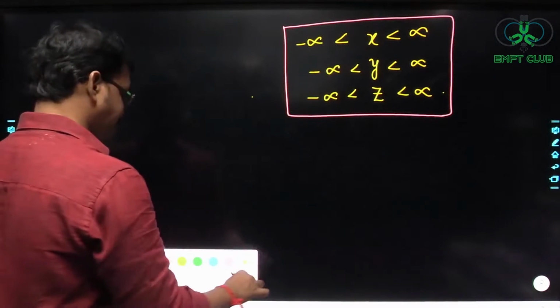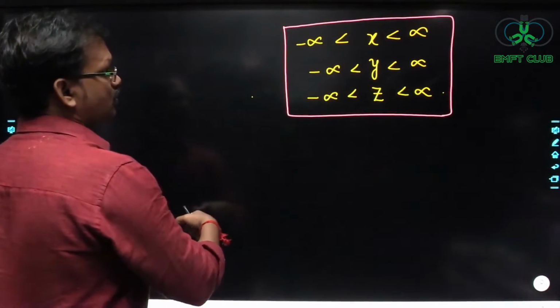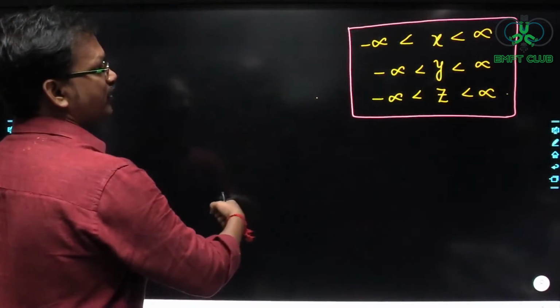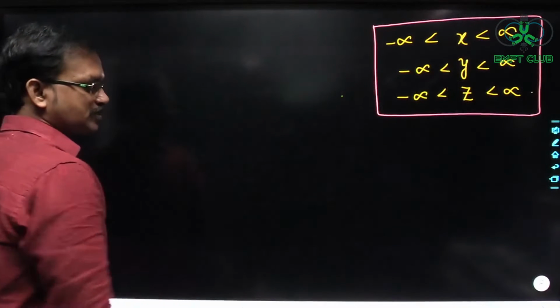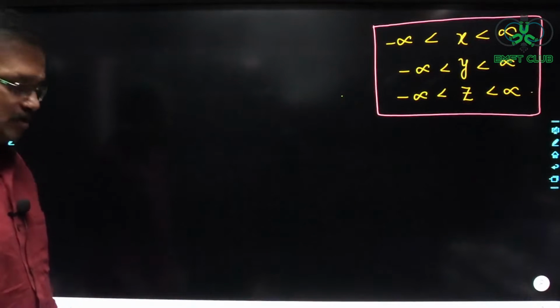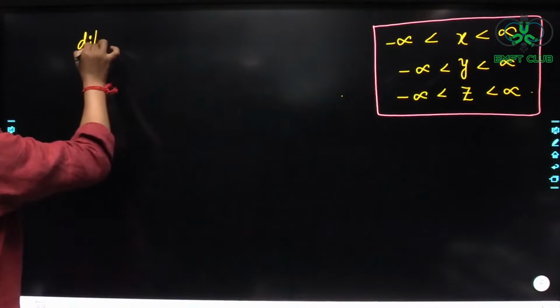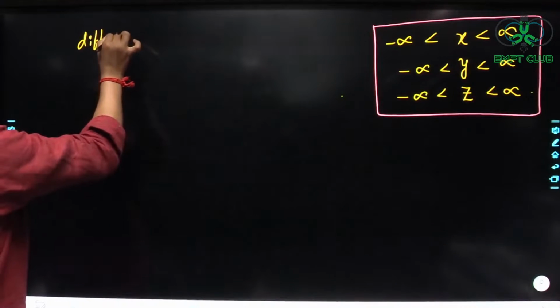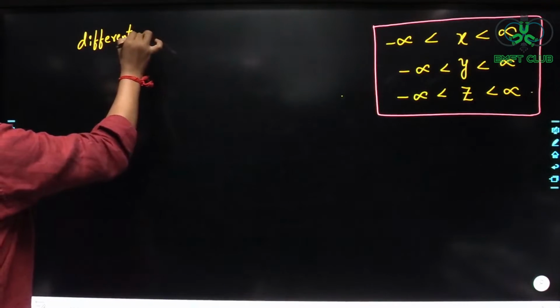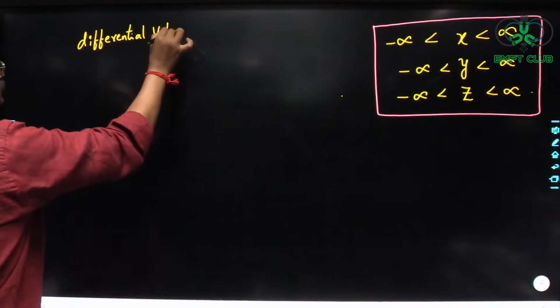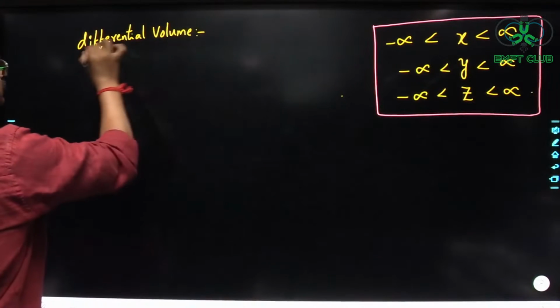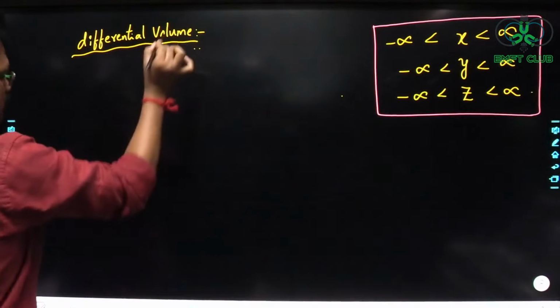Okay. So this is the range of x, y, and z, right? So we have seen about differential areas. Next we will see about differential volume, and how to determine this differential volume. Now see here.